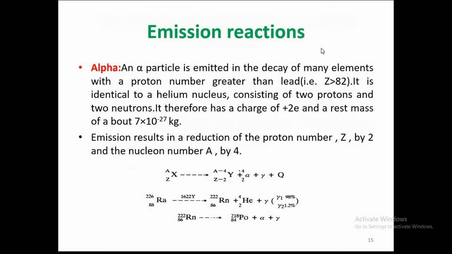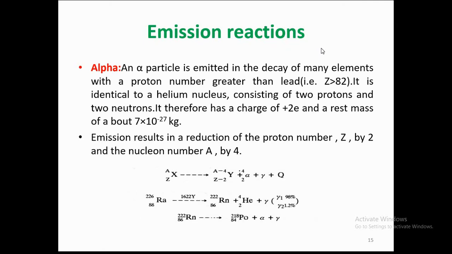At first, I want to start with the strongest particle, named the alpha particle. Mostly radionuclides with a proton number greater than lead, that is, when the proton number of the nucleus is above 82, can emit alpha particles. This particle, similar to a helium nucleus, contains two protons and two neutrons, and its atomic mass is high, equal to 4.